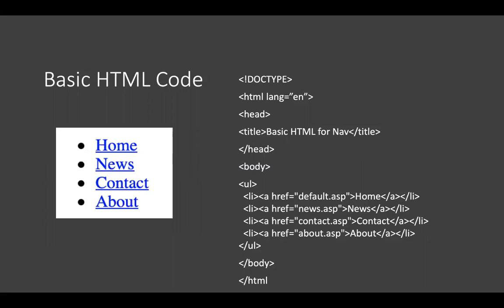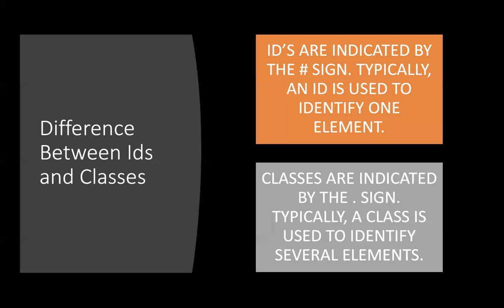As you can see on the left-hand side, a little example of what that brings up is the 4 options with the different links, and they have the bullet point beside them because they are in an unordered list.